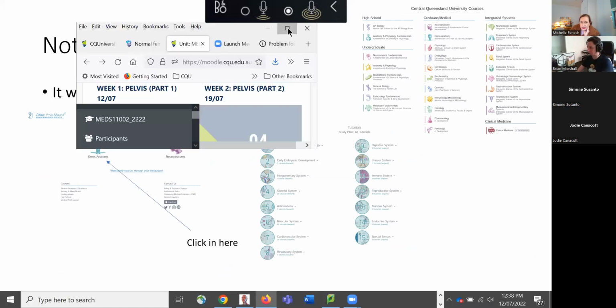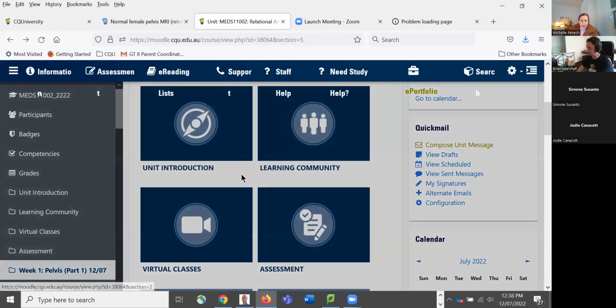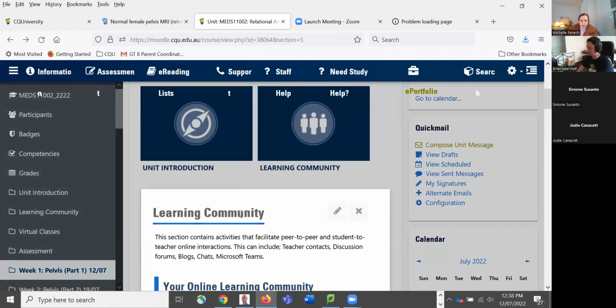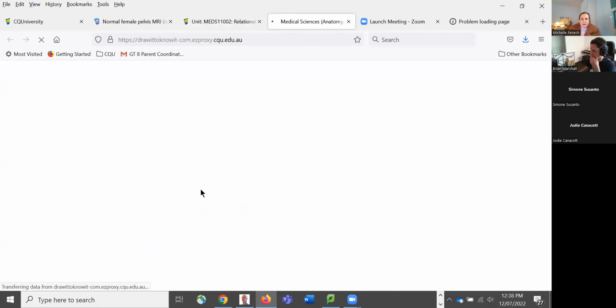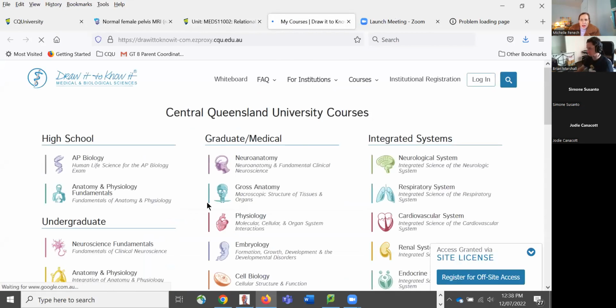So I'm here in the learning community tile, and I'm going down and it's got 'click here to access Draw It To Know It'. See that? I click on that and then I open it up and it looks different to what it used to look last year. I think we've got a wider license for it.